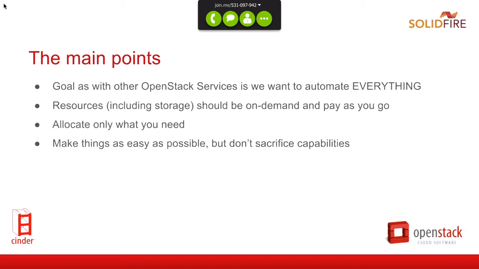This idea of making things as easy as possible and making that infrastructure very dynamic and flexible is really the main goal of both OpenStack and the Cinder project specifically.